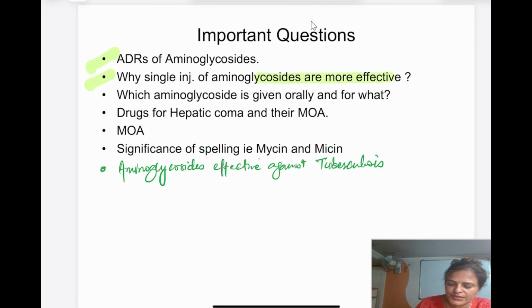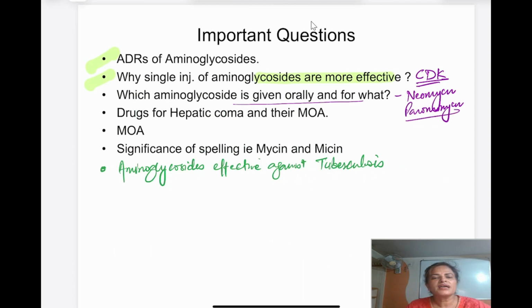Because it shows concentration-dependent killing, and you have to explain this. Which aminoglycoside is given orally and for what? We have two: neomycin and paromomycin. Paromomycin is like framycetin. Framycetin and neomycin are too toxic to be used systemically, so both are used topically.